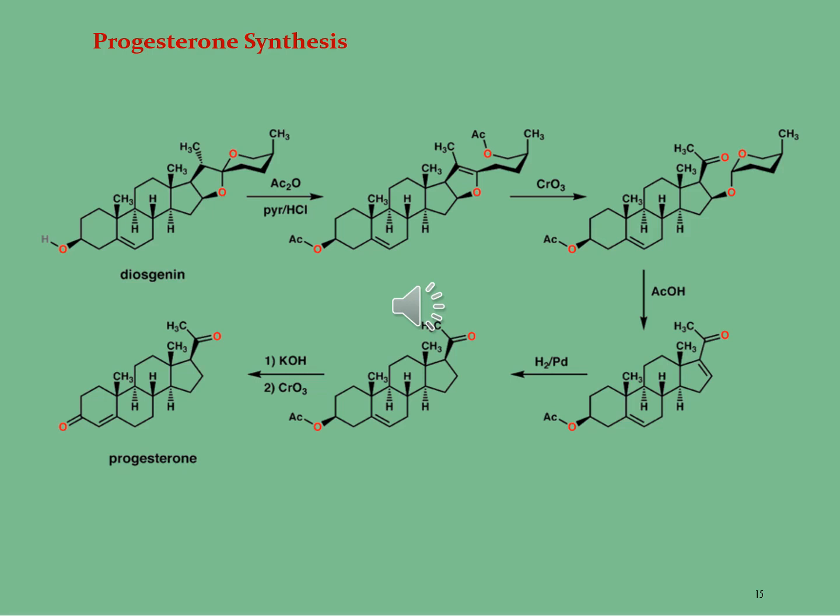In this way we get the final product, progesterone, in which a carbonyl group is present at carbon 3, a double bond is present at carbon 4, as well as an acetyl group at carbon 17, by the addition of 2 methyl groups. So this is the general mechanism for the synthesis of progesterone, known as the in vitro study of the whole procedure.